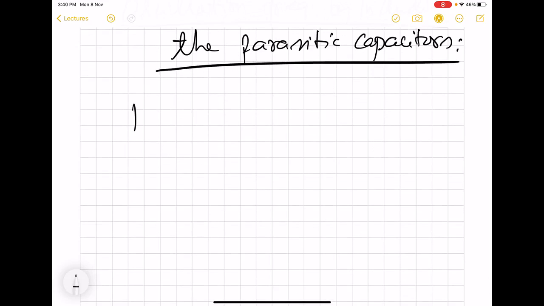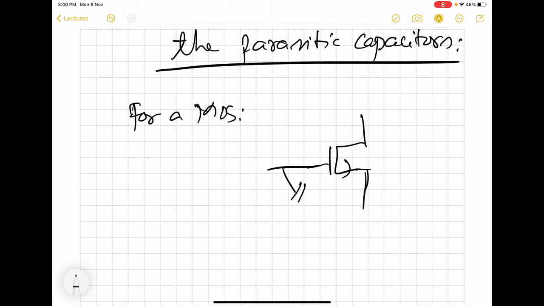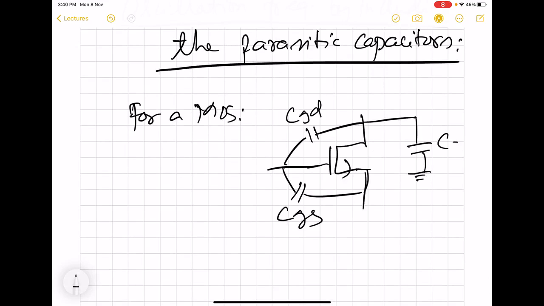So for a MOS, in general, there are 4 parasitic capacitors that are present. The most common we have been using is gate to source, then between gate and drain, then from drain to bulk, and then the final one is from source to bulk.